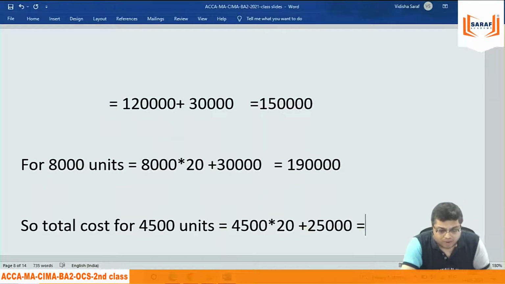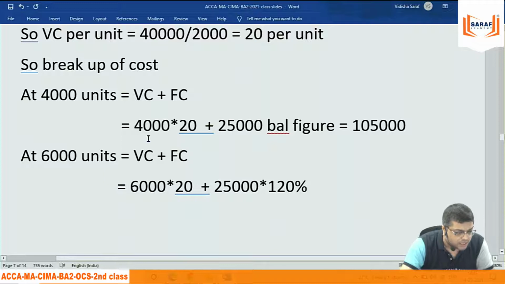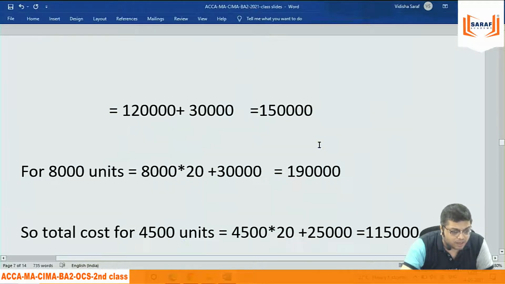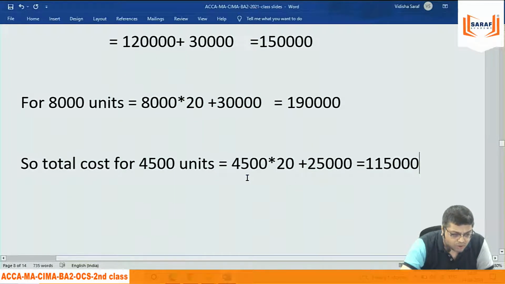Since it is 4,500 units, it will be 4,500 into 20, 90,000, plus 25,000. So 1 lakh 15,000. For 4,000 units, it is 4,000 into 20 plus 25,000, but for 500 units, 500 into 20 variable, 10,000 more.